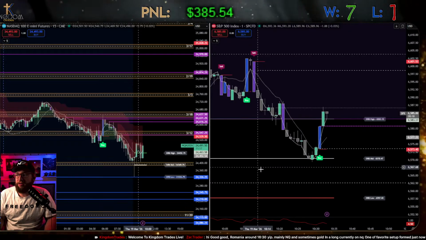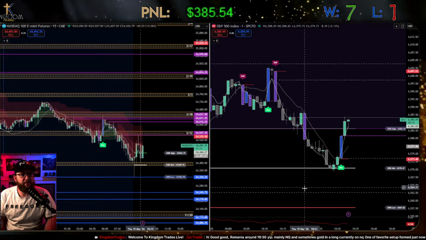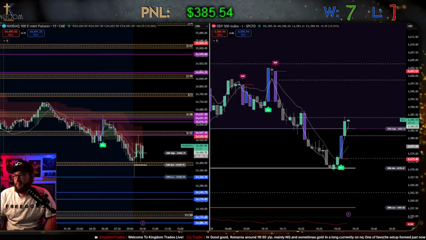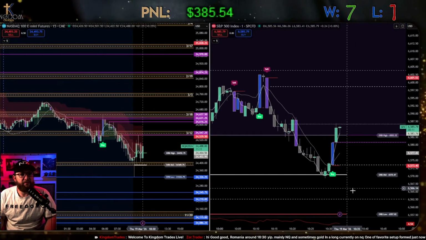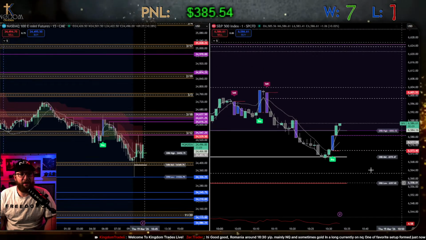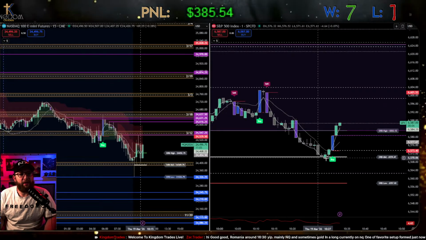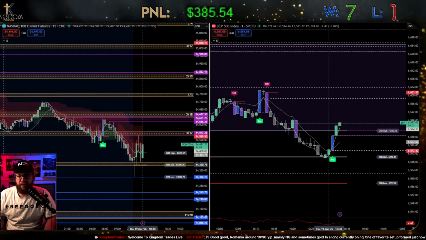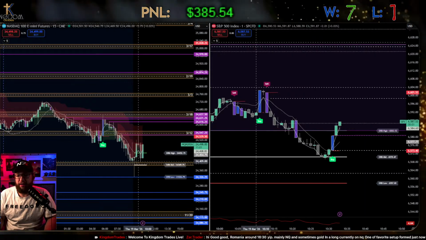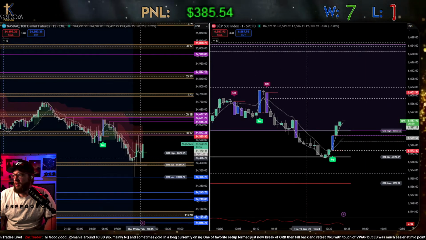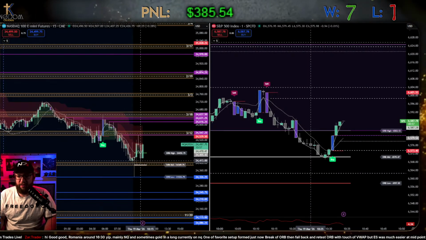Where's your entry at? Well, if you got in long early, man, that's a good long. That long right off that midline on SPX is printing. Break of ORB, fallback retest on ORB.